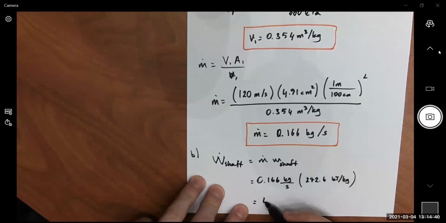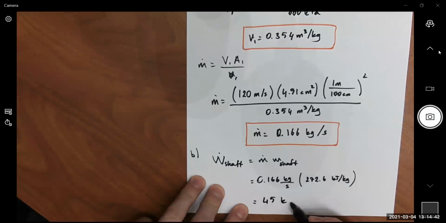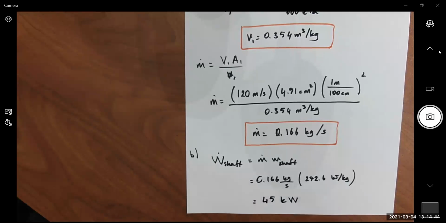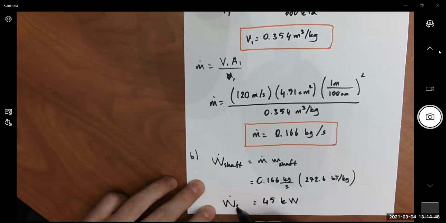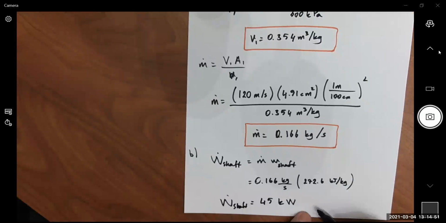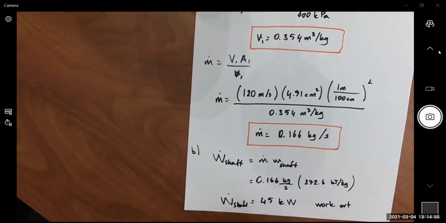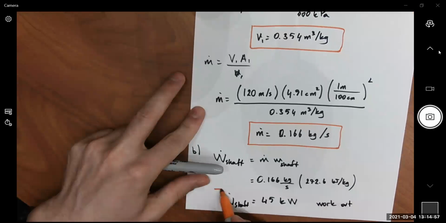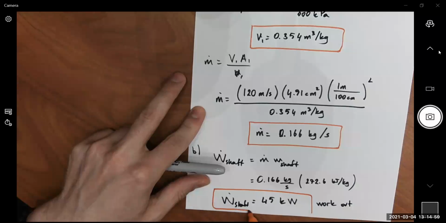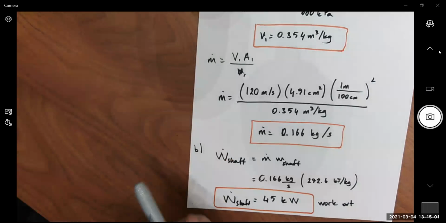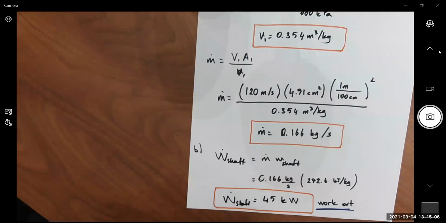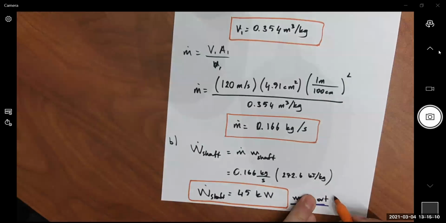We have 45 kilowatts as work shaft. This is a work out, or power out.